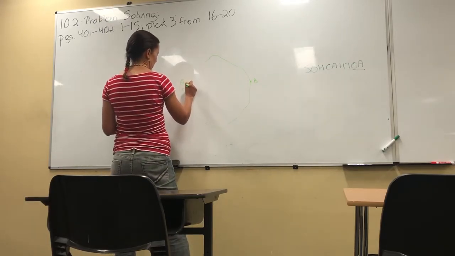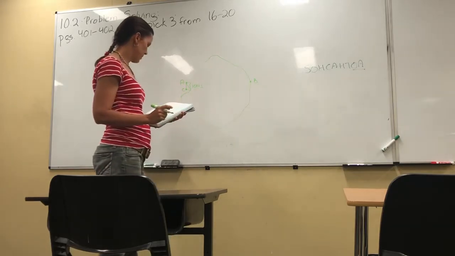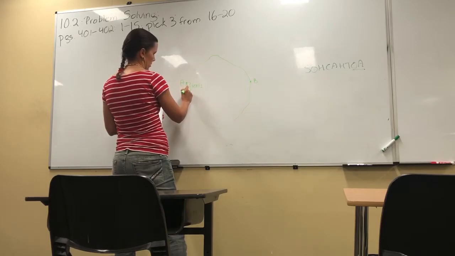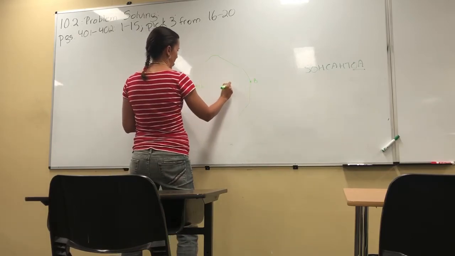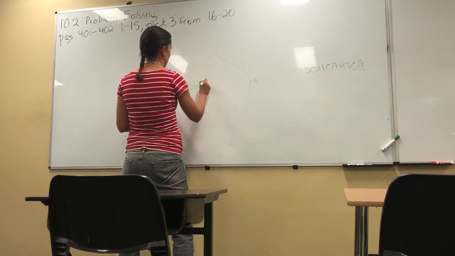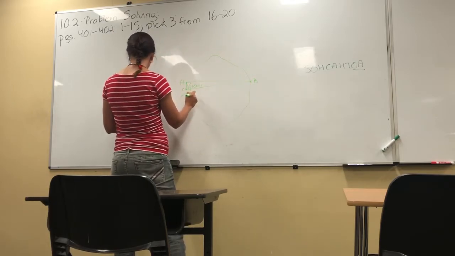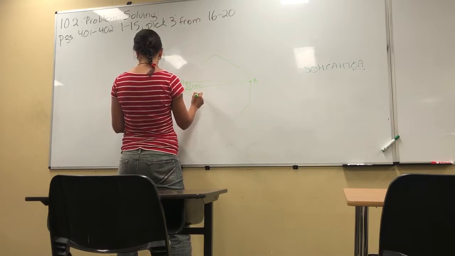So let's say that is 100 feet. Now, he estimates this angle, so we're gonna draw a triangle, right? It's a terrible triangle, but we're gonna say that angle right there is 80 degrees.